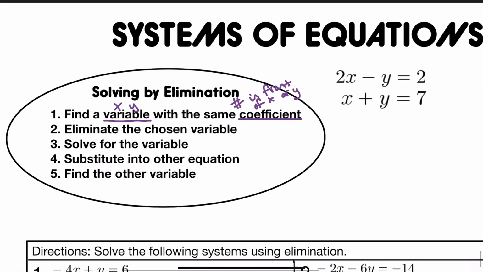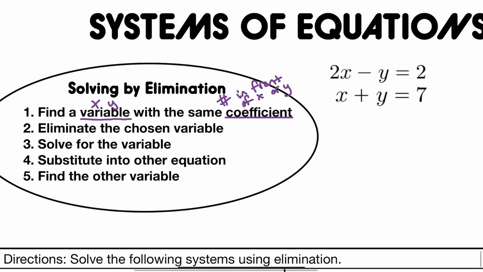So let's make this a little bit smaller, and let's take a look at this example over here. So we got 2x minus y equals 2 and x plus y equals 7. So first step. Find the variable with the same coefficient. Okay, I'm looking at coefficients here. I see we have a 2.